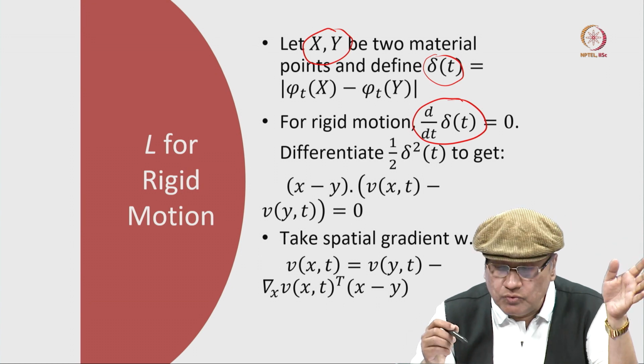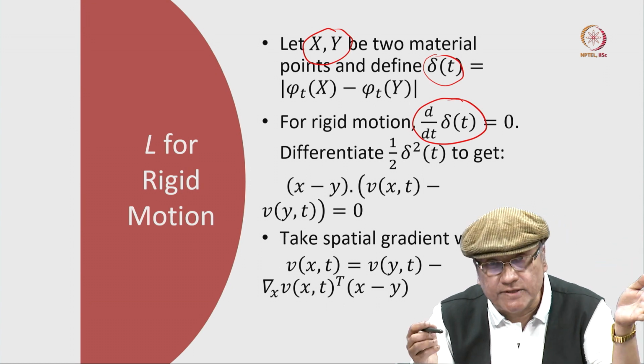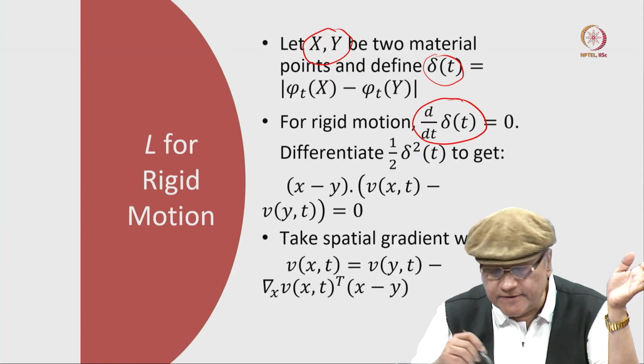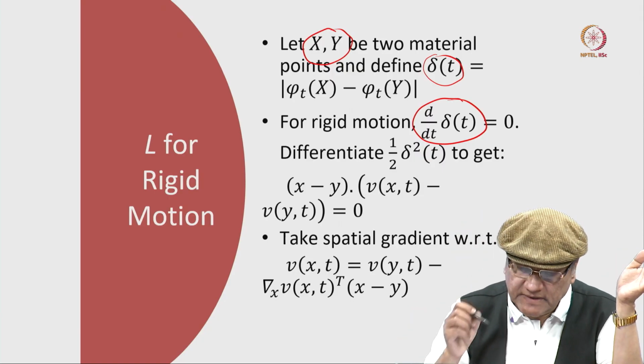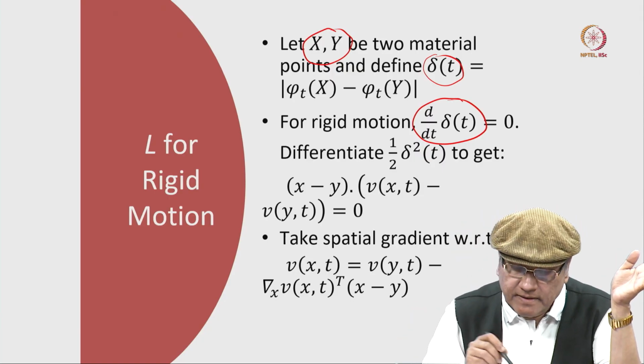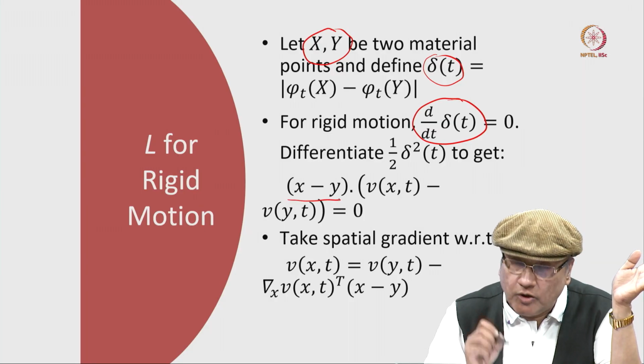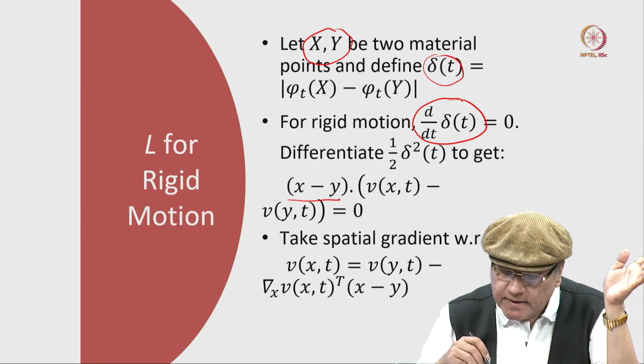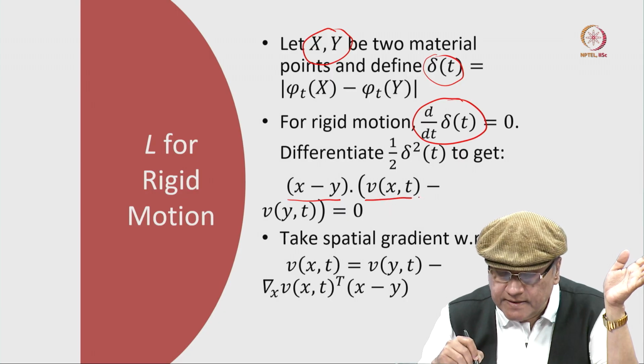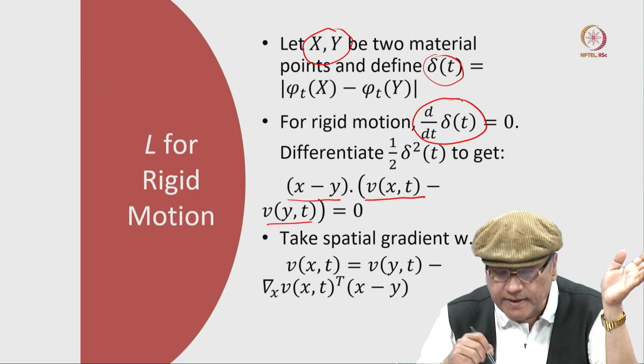Now, let us do one thing, let us take the delta square instead of delta and differentiate with respect to time. Then we immediately get that small x minus small y, a dot product with v at x minus v at y, equal to 0.